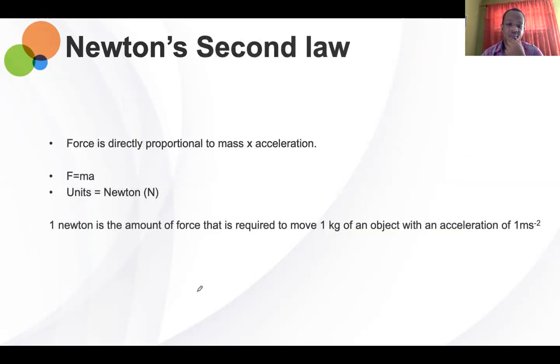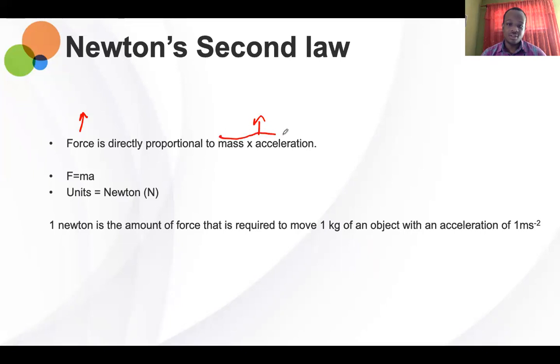So we spoke about Newton's second law also. As I said, we're just recapping. Newton's second law states that the force is directly proportional to mass times acceleration. And we also said that if force increases, acceleration increases. They walk hand in hand.